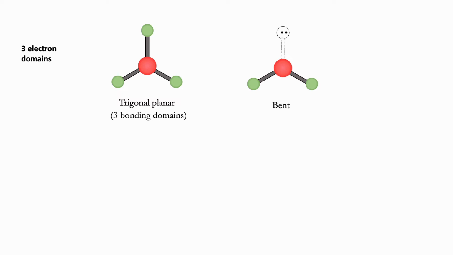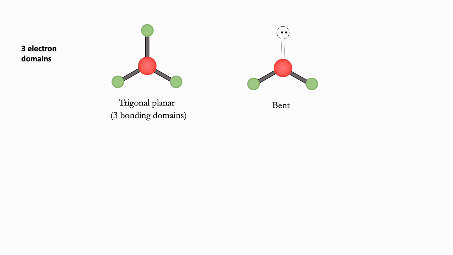Why is the molecular geometry different from the electron domain geometry? It's because when we look at these molecules using a tool like X-ray diffraction, we cannot see the non-bonding electrons. We can only see the nuclei of the atoms. So this is what we see: the central atom that I've marked in red here, and the two bonded atoms, which I've marked in green.